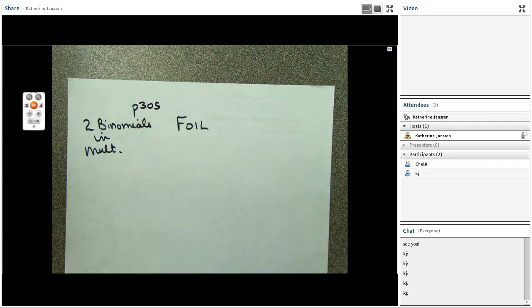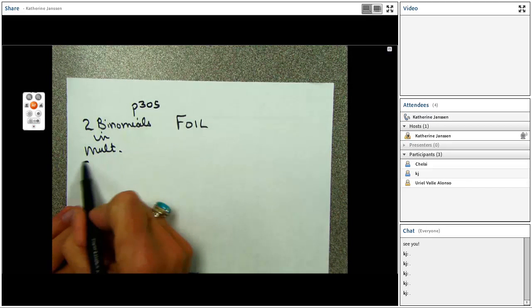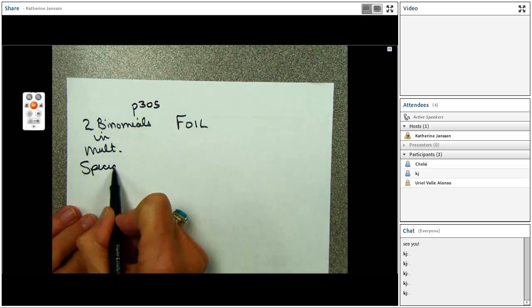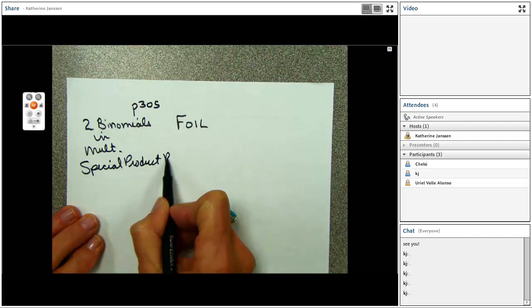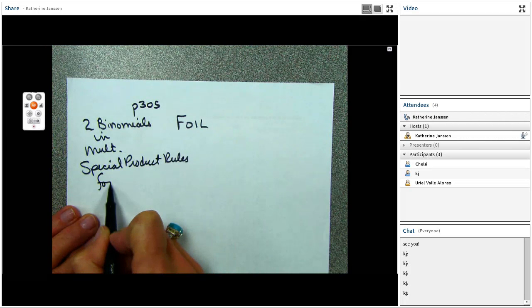Two binomials in multiplication. And we call this our special product rules for binomials.